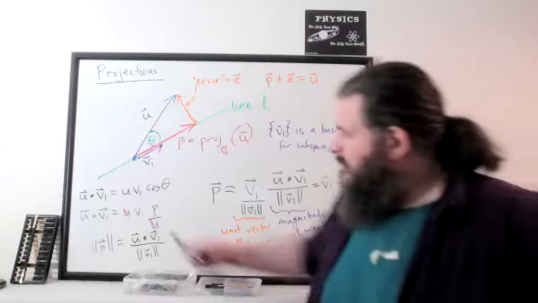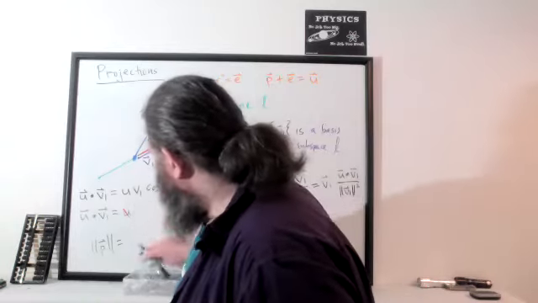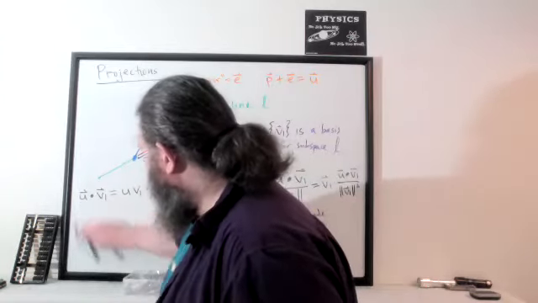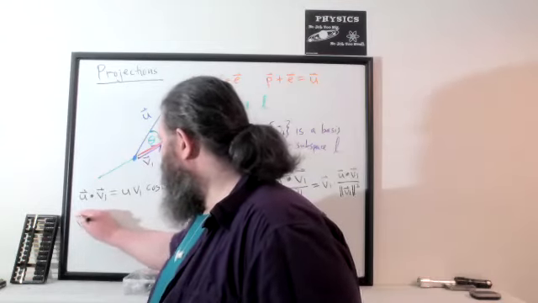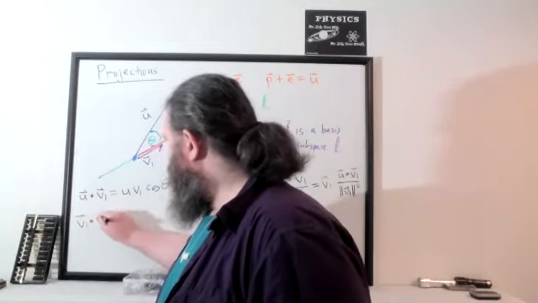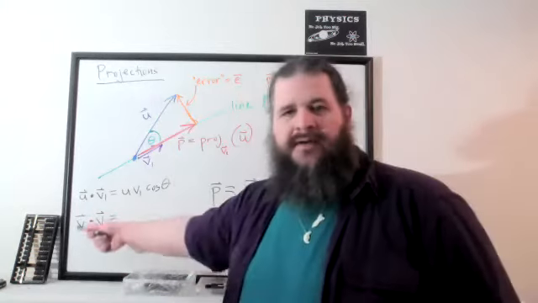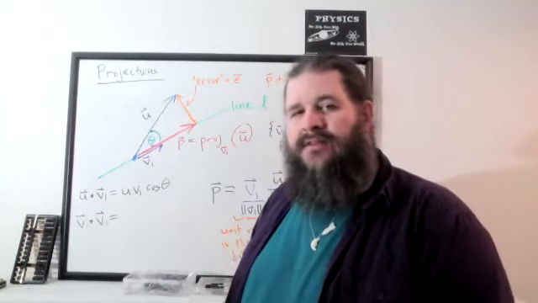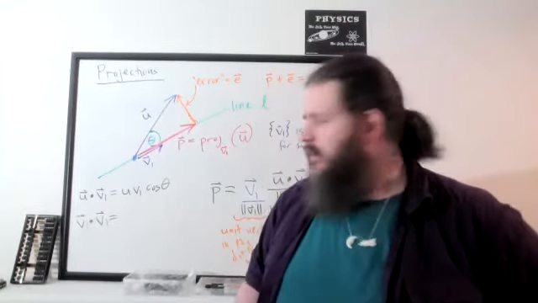If we go all the way back to the dot product formula, we were saying earlier that U dot V is U times V times cosine theta. What happens if you take the dot product of a vector and itself? V1 dot V1, it is related to the Pythagorean theorem, but we can write it in a more useful way for vectors specifically.